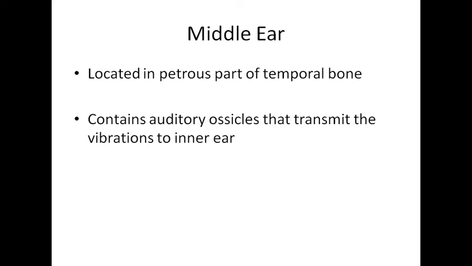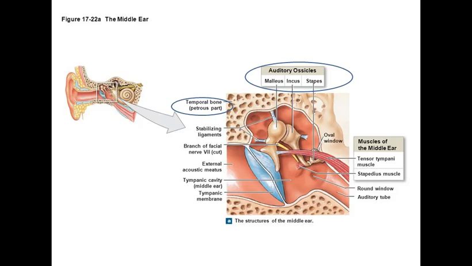Now comes the middle ear. The middle ear is located in the petrous part of the temporal bone. The contents of the middle ear include the auditory ossicles. Ossicles are the bones. So we have the auditory bones that transmit the vibrations deeper, that is more into the inner ear, right?